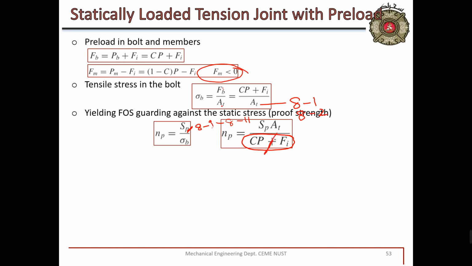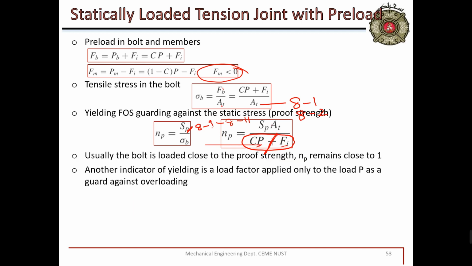But here we know that by increasing the external load, this value increases, while by changing anything, this will remain fixed. In other words, this factor of safety is multiplied only with the first term, and because the other is fixed, the factor of safety is not applied to it. What is the difference between these two parameters?